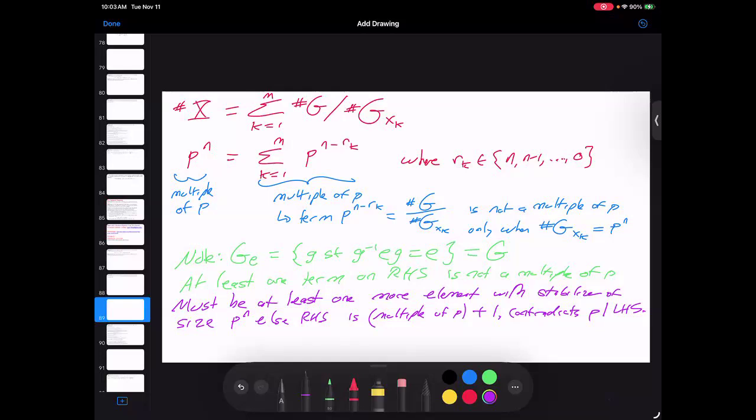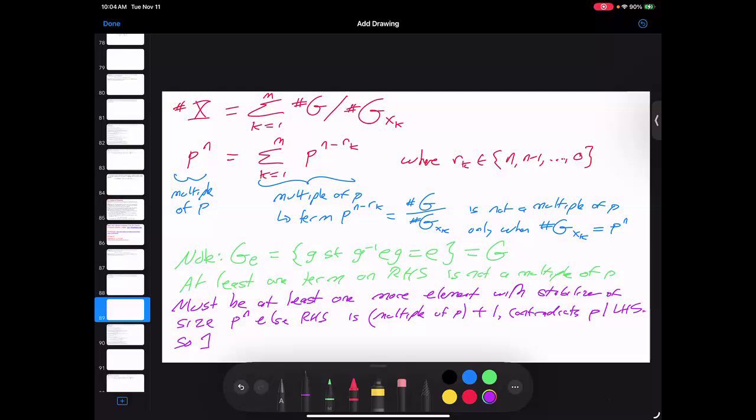Well, if your group has p to the n elements and your stabilizer has size p to the n, what does that mean your stabilizer is? If the stabilizer is of size p to the n and the group is of size p to the n, the stabilizer is the group, right?